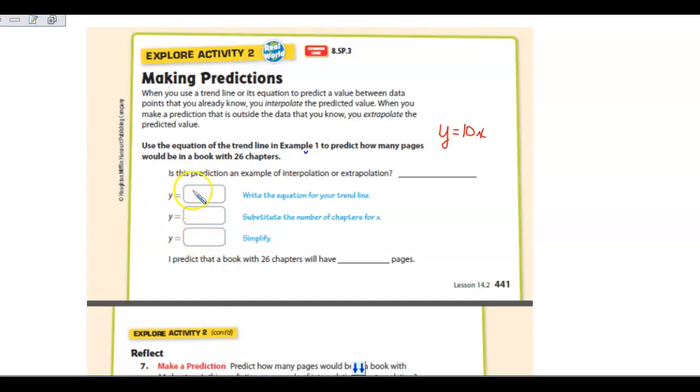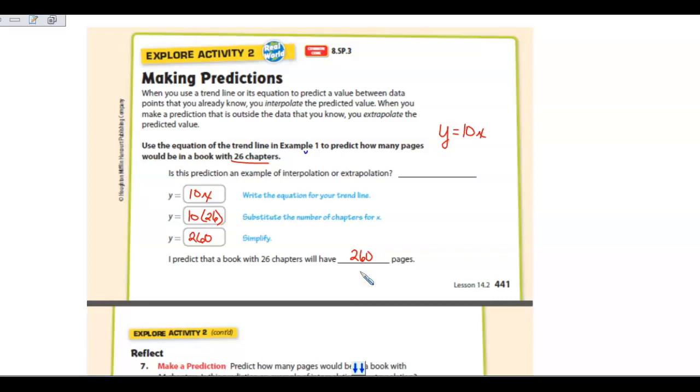And so our equation was y equals 10x. We're going to substitute x with 26 because that's how many chapters they're looking for. And so I would multiply, and I get 260 pages. And so the question up above: is this prediction an example of interpolation or extrapolation?